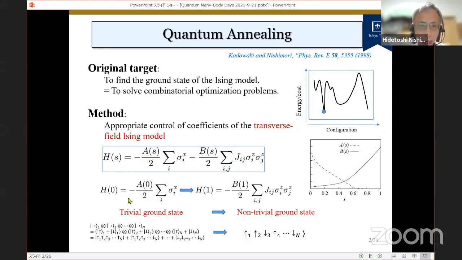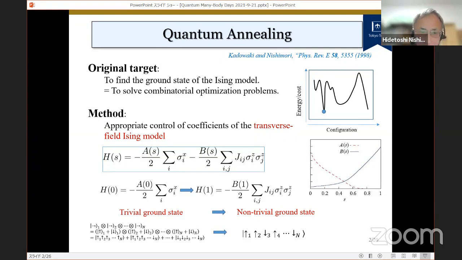So initially, only this first term exists. And the ground state of this term is trivial because it is a summation of sigma i x and independent. So the system is a collection of independent spins or qubits. So the ground state is just a product state in which all spins or qubits are pointing to the plus x direction.